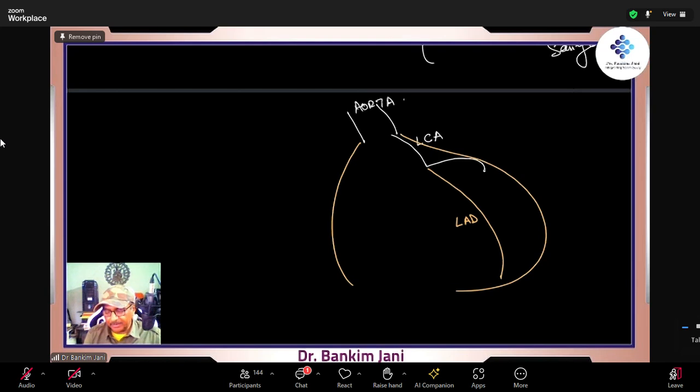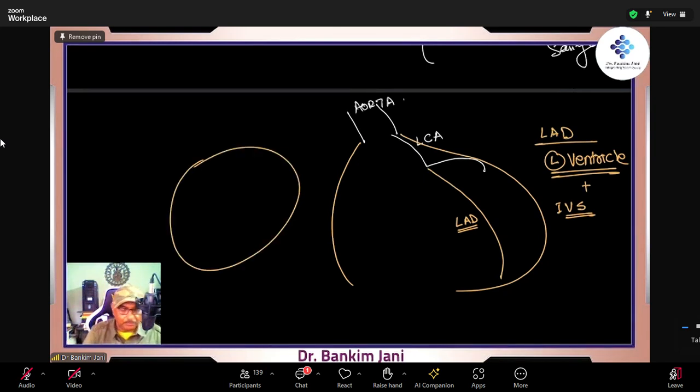This left anterior descending is one of the very important arteries because it is supplying what? It is supplying the most vital chamber, the left ventricle. Not only that, it is also supplying the interventricular septum. What is this interventricular septum? If you watch the heart from the top, we draw the heart like this. This is anterior, this is posterior.